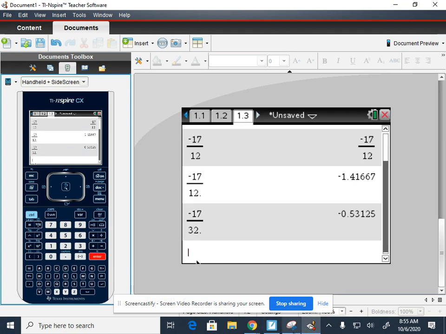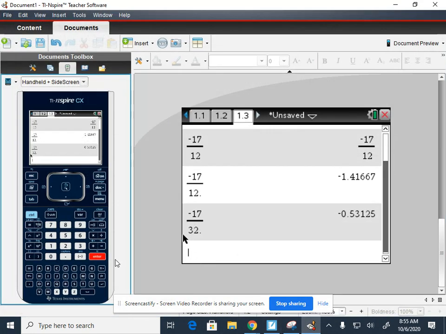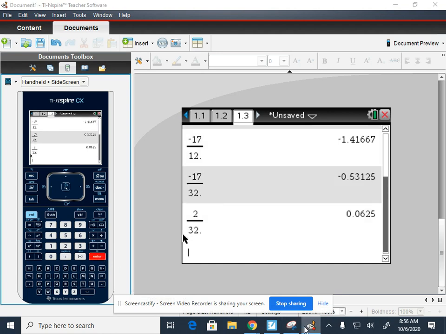All right, so -0.53 should be the first one. And 0.06.